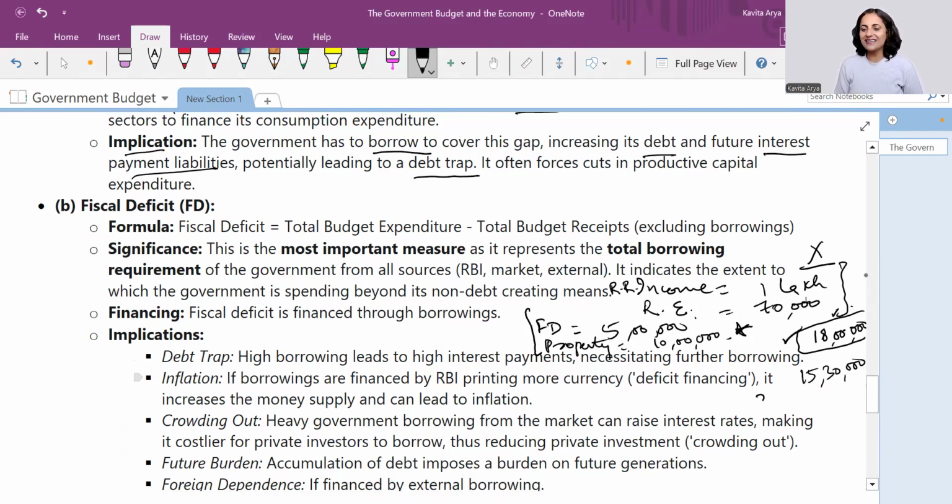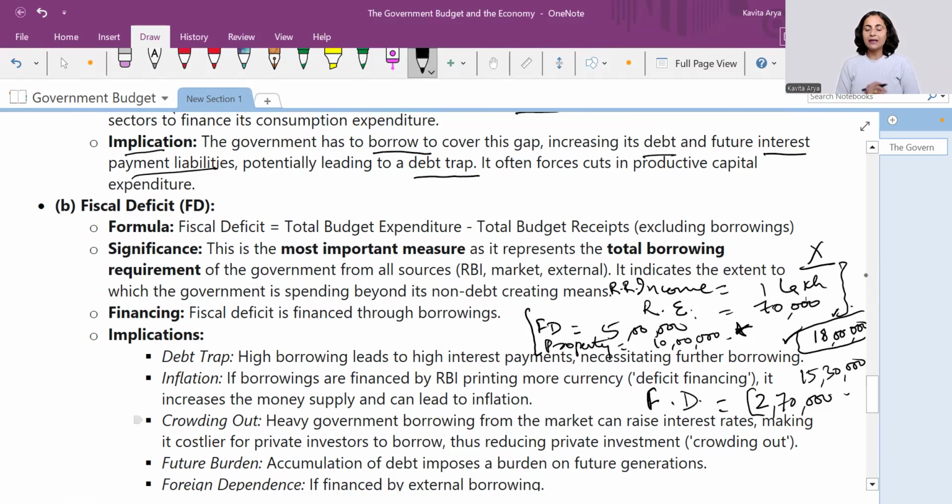So what is he stuck at? He needs 2 lakhs and 70,000 more. That is, he has to borrow. And if he borrows, he is matched with all his expenses and incomes. But till he doesn't borrow, he is stuck at this figure, and this is called the fiscal deficit.